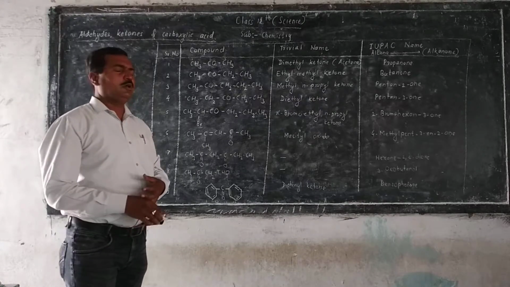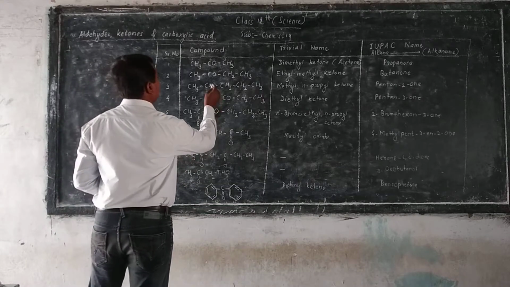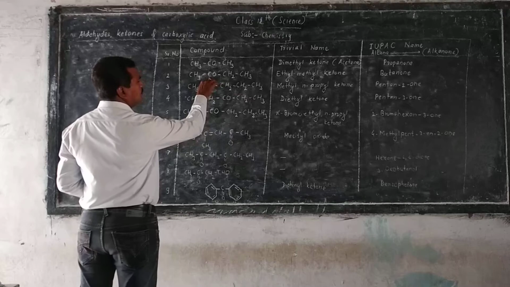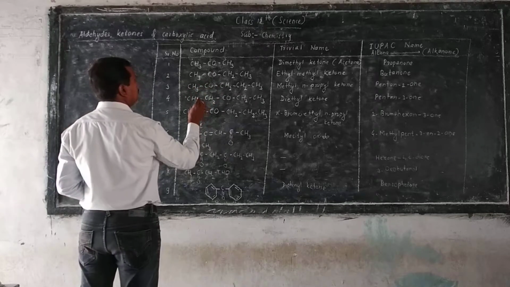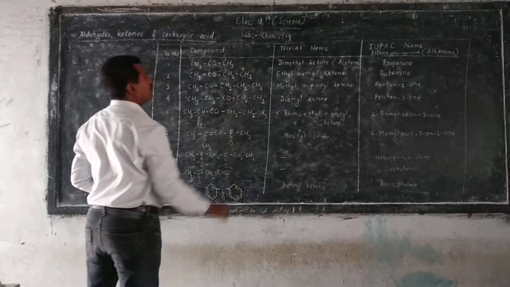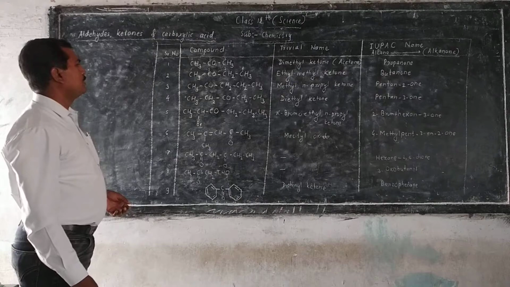If any substituent is attached, then write its position and name before the name of the parent alkane in alphabetical order. Then in the second structure, we can number from left to right because the carbonyl carbon is at the second position. So 1, 2, 3, 4: total carbon 4, so the parent alkane is butane, and it is butanone.